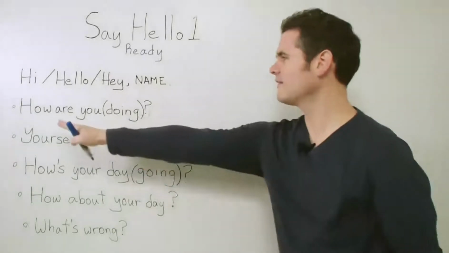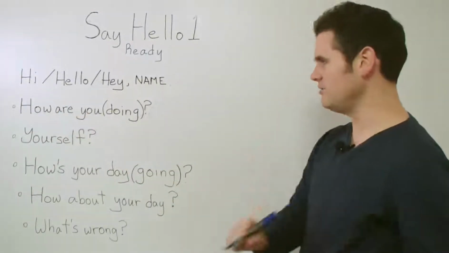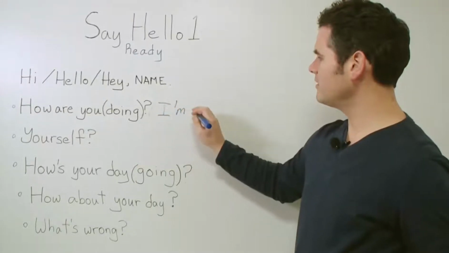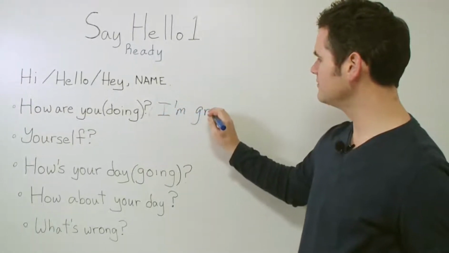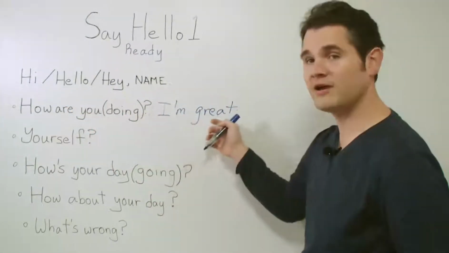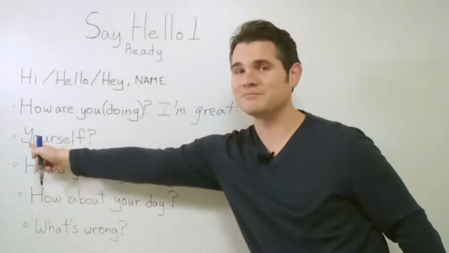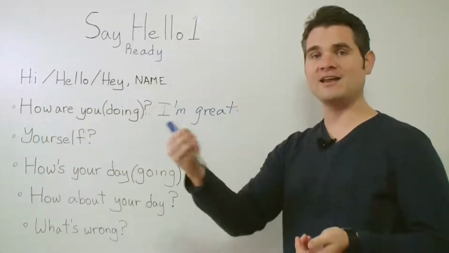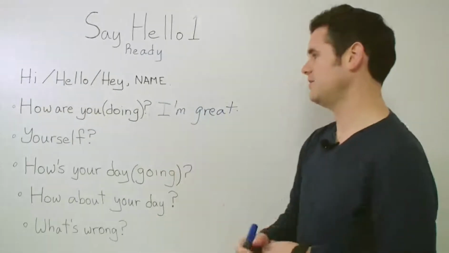Now, after you ask how are you doing and you answer with I'm great. So, how are you doing? I'm great. Then you may want to ask the other person who has addressed you, yourself. This means and you. How about yourself?